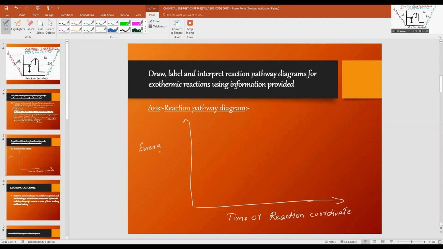I'm writing energy here. The unit will be centigrade. Now for any exothermic reaction, remember the reactants will be at high energy state than product. So this will be the reactant. This is the energy hump, the product. So you write the reactants here.